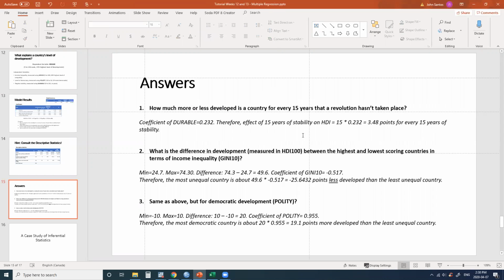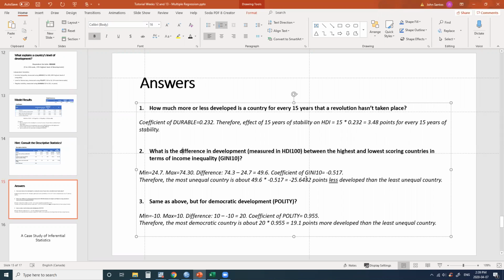Therefore the effect of 15 years of stability on HDI is 15 years times the coefficient of durable. 15 times 0.232 is 3.48. So for every 15 years that a country hasn't had a revolution, we can predict an increase in human development score by 3.48 points.